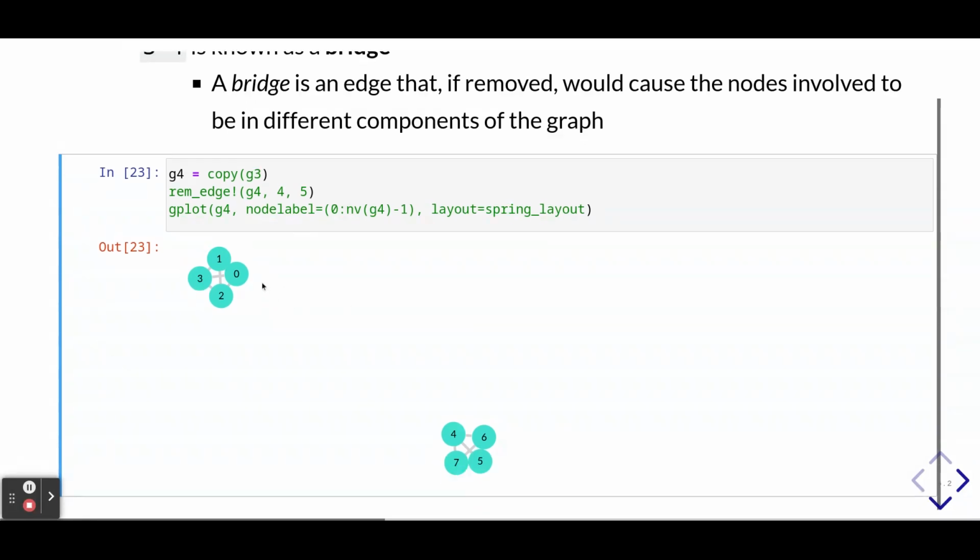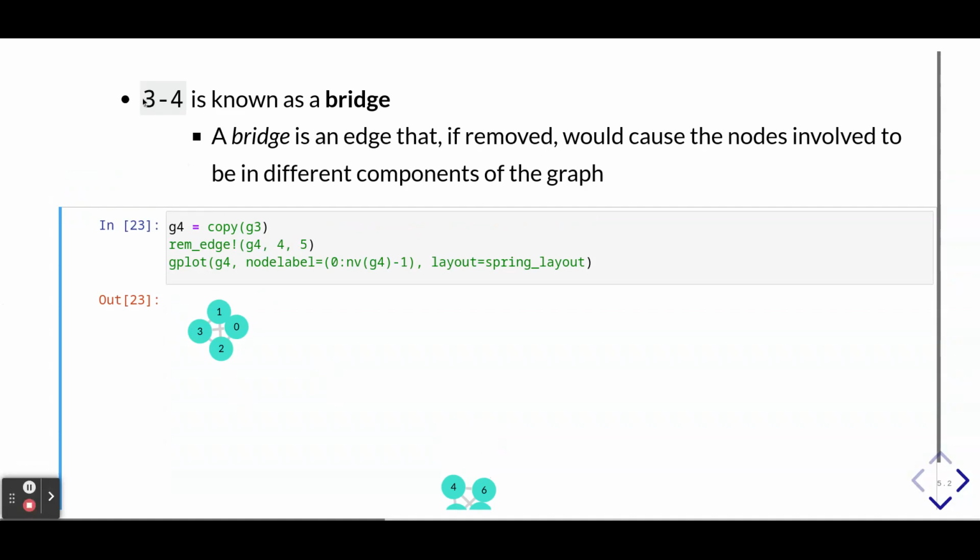Now, if we plot G4, we see here that we have two completely separate components. We have 0, 1, 2, 3, and then we have 4, 5, 6, 7. And as separate components, what that means is that there are no edges between any member of the component 0, 1, 2, 3 and any member of the second component 4, 5, 6, 7.